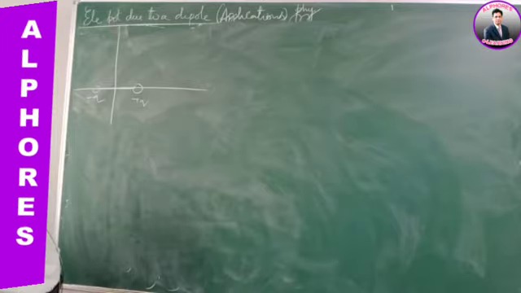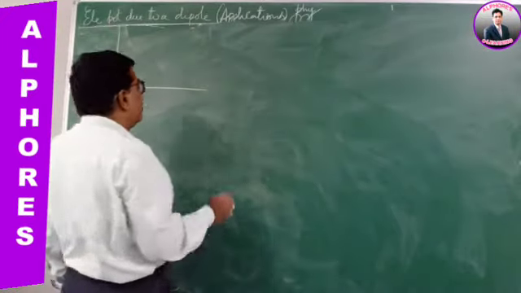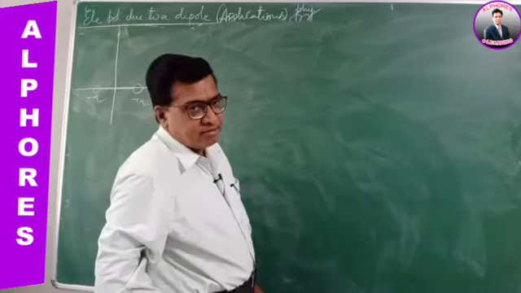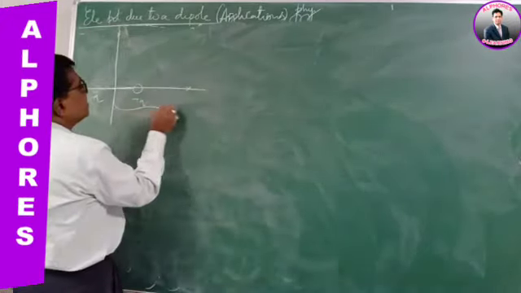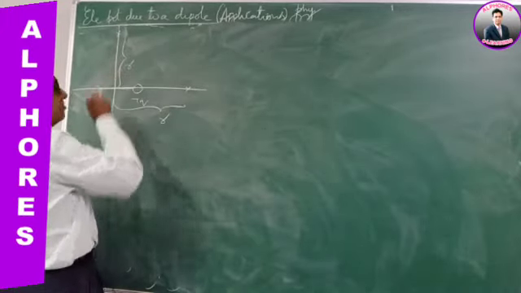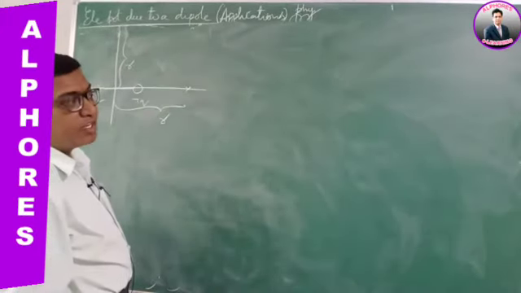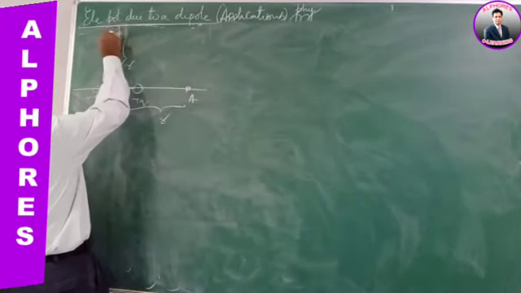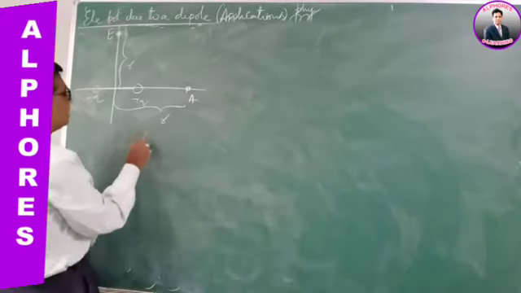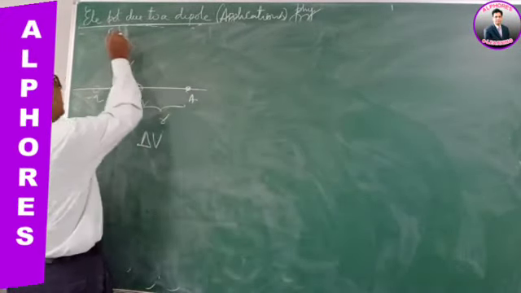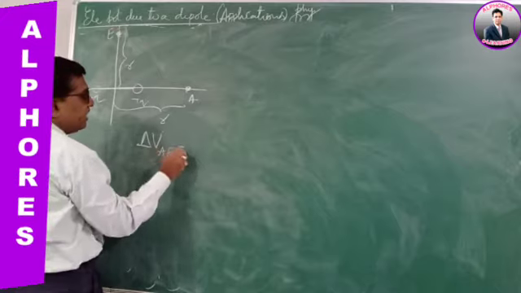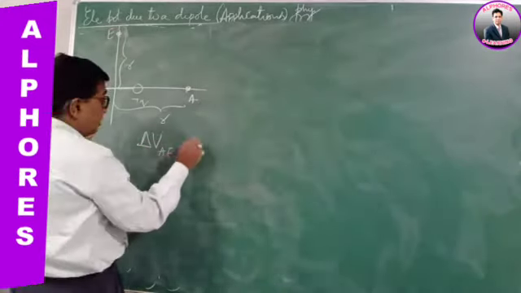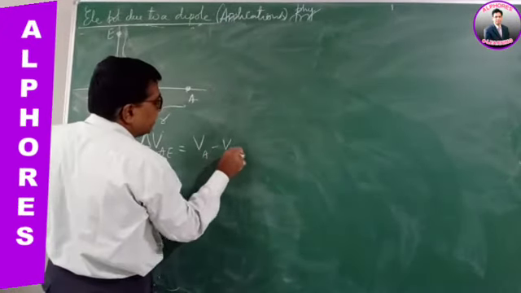Consider any 2 points, one on the axial line, one on the equatorial line, which are equidistant from the dipole. Let's suppose this is R and this is also R. Then he is asking to find the potential difference between the point on the axial line A and the point on the equatorial line E. What is the potential difference between A and E? This is the electric potential at A minus potential at E.